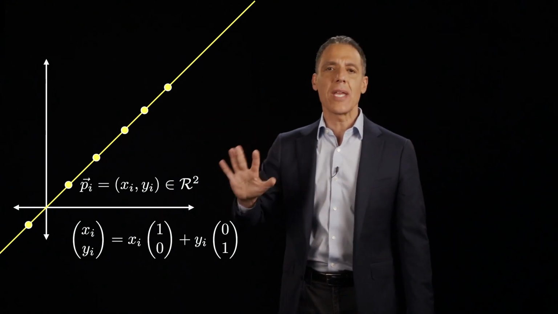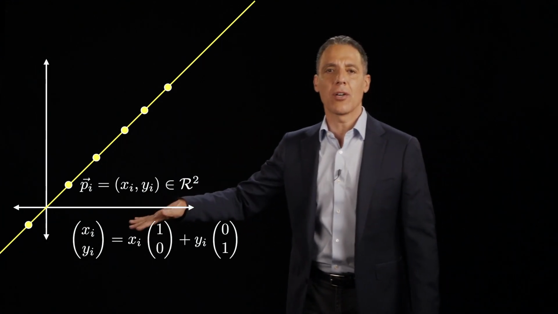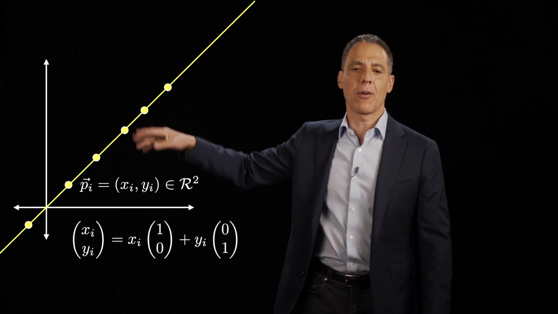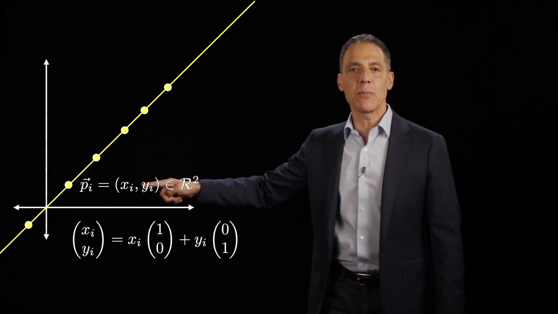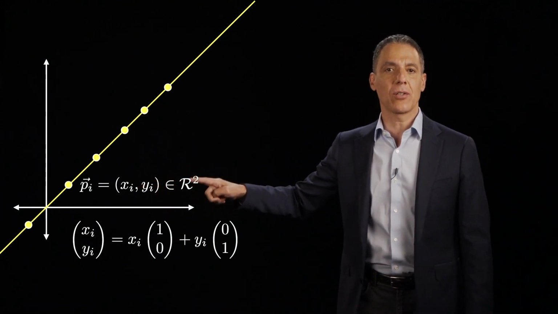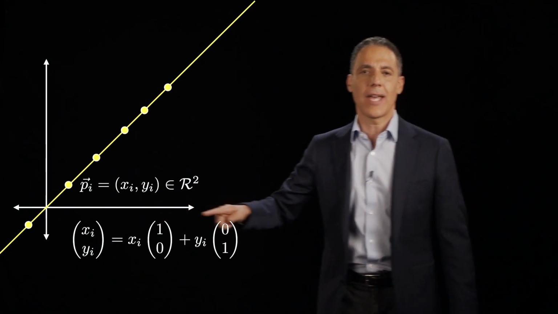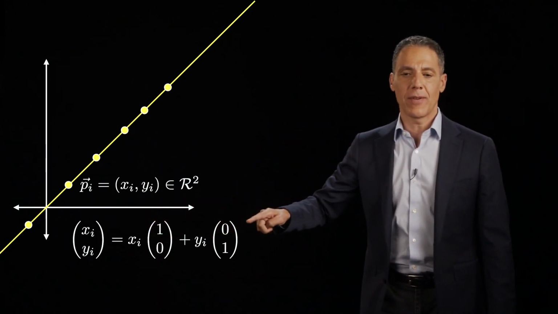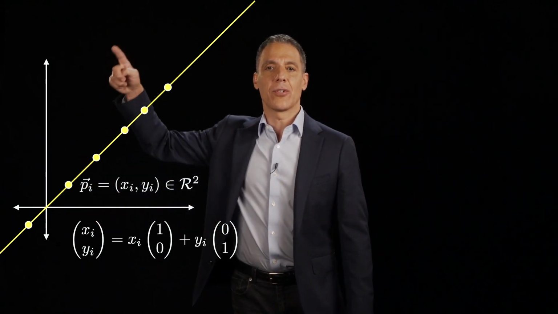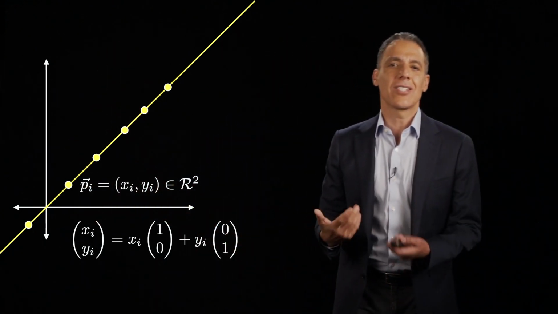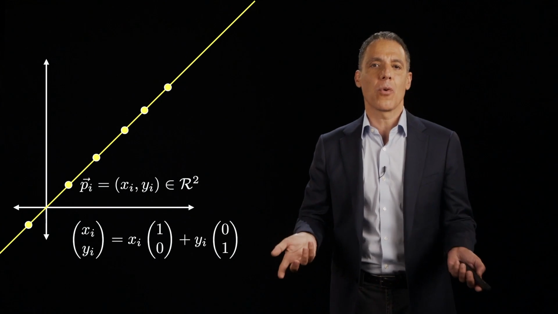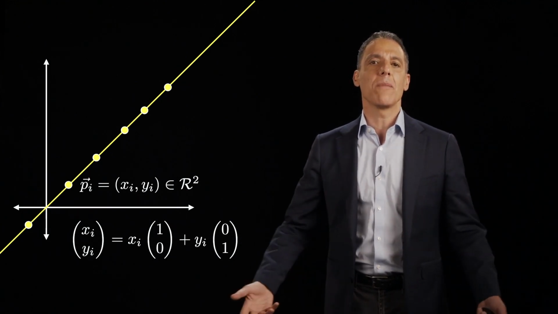You and I have agreed that when we talk about R2 and R3 and R4 and R1000, we are representing these points with respect to the canonical basis. The basis vector 1, 0 is the horizontal axis, of course, and the basis vector 0, 1 is the vertical axis. It's the same way that when I tell you the number 24, you don't ask me in what base.